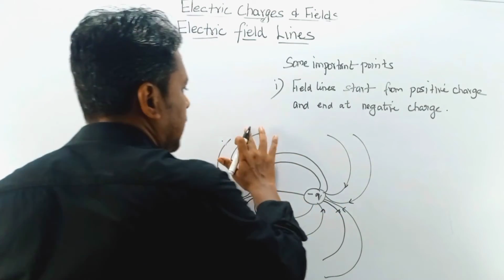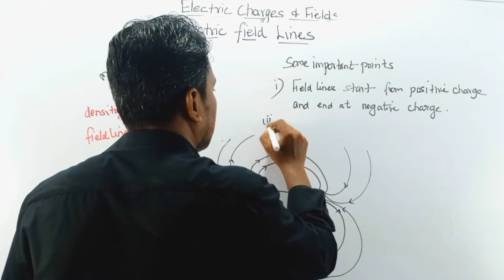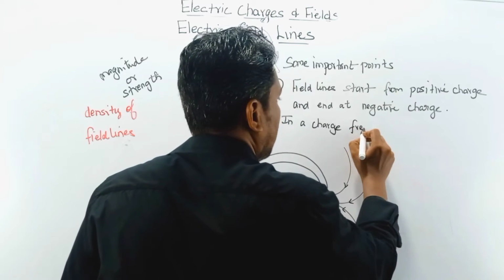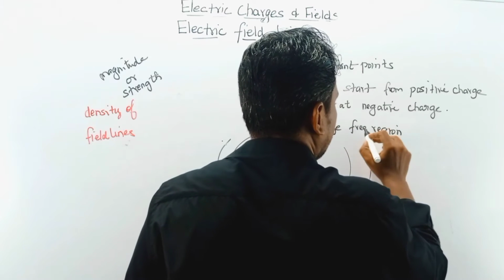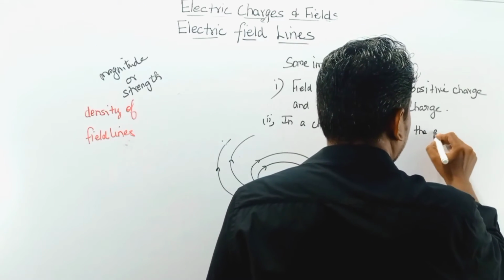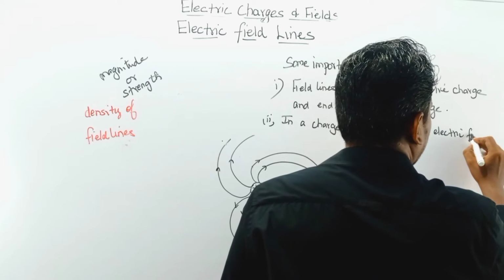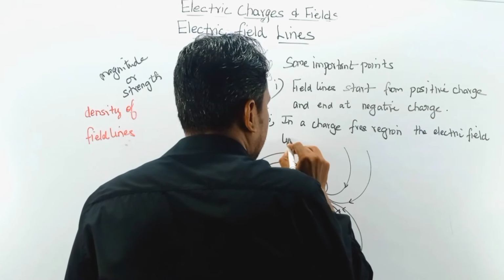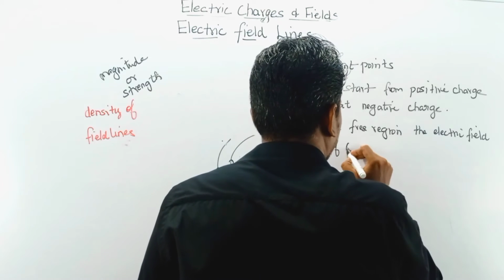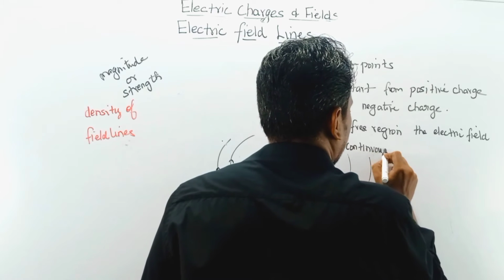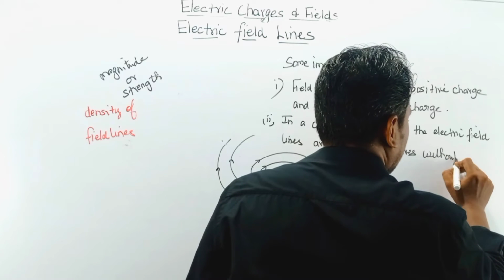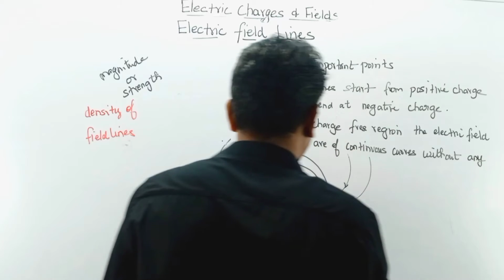Okay, so what is the second point? The second point is: in a charge-free region, electric field lines are continuous curves without any breaks.